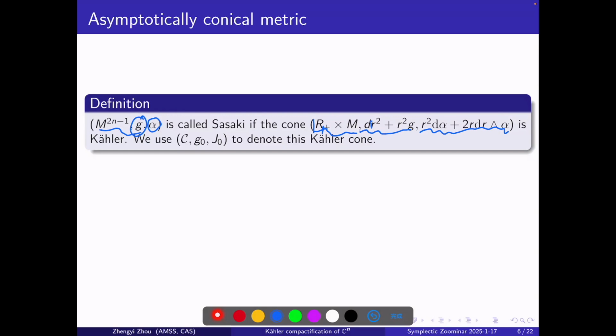That will also determine a complex structure, which will be admissible in the sense of SFT, if you want. So the Sasaki manifold is sort of the Kähler analog of a contact manifold.